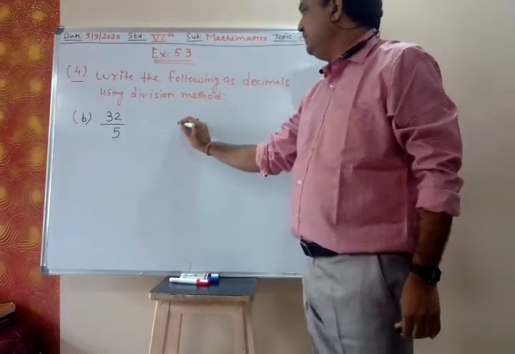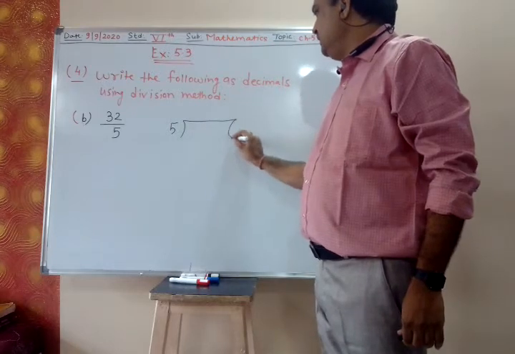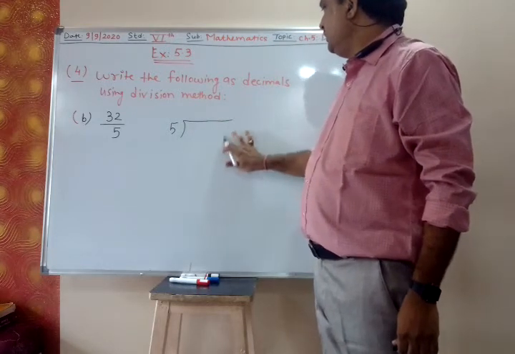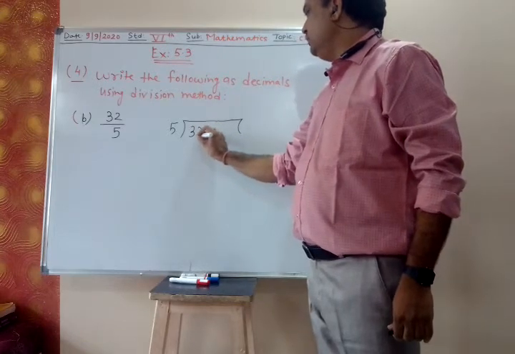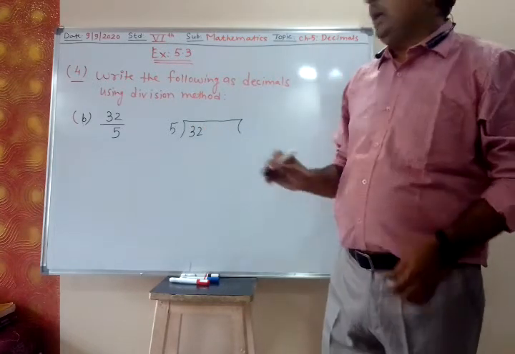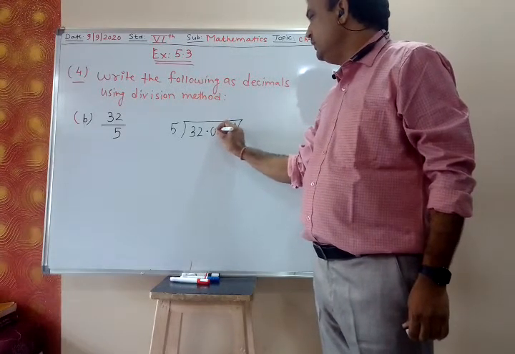So we write 5, and the dividend is 32. We write the point. First we write 1 0.